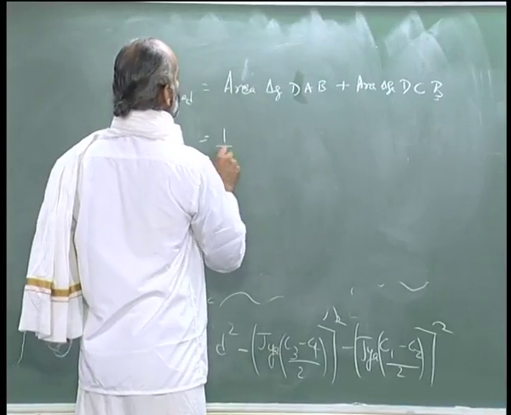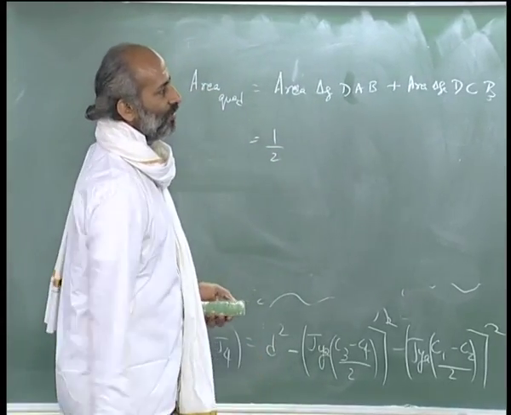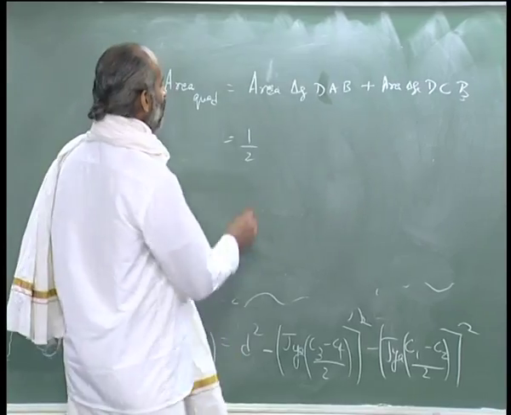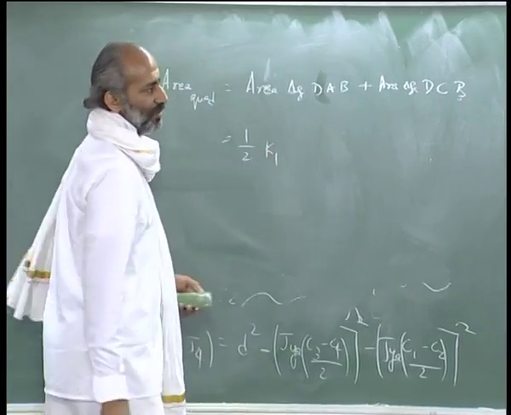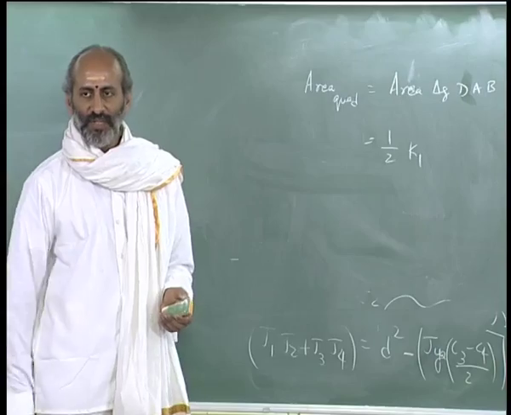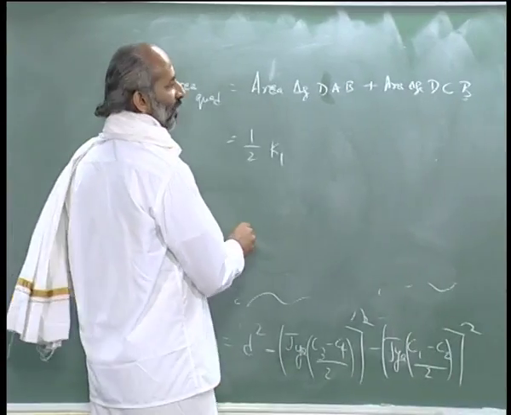So, this is half times DB, which is K1, Karna 1, so half times base into height.